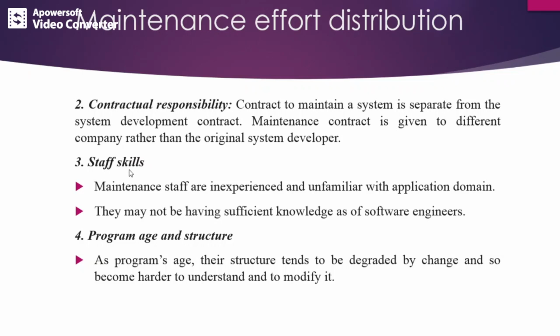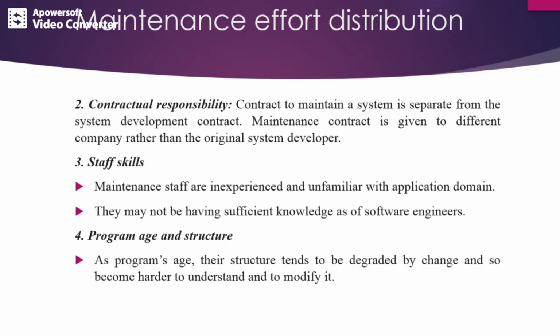Third one is staff skills. Now we are concerned about the skills of the maintenance engineers. You know that maintenance engineers are not as sharp as your developers, isn't it?